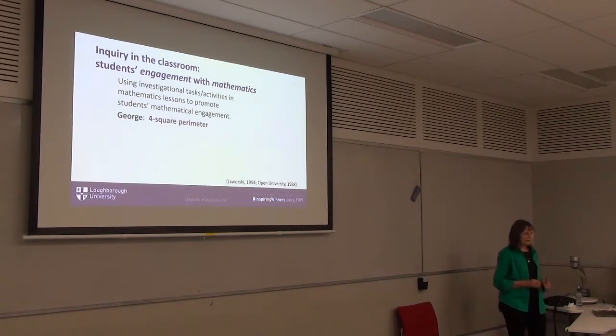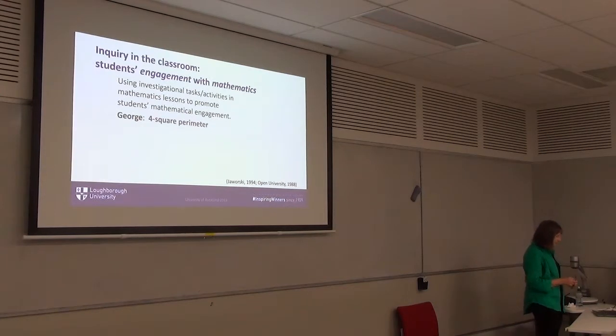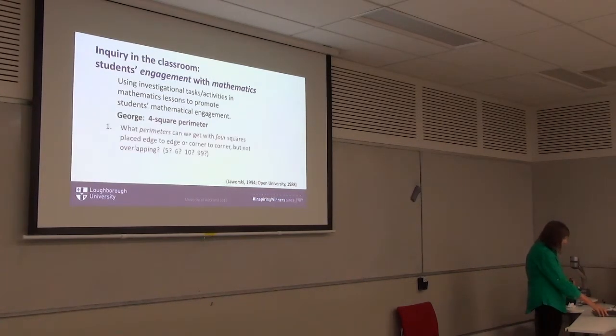We're looking at a teacher called George, and he has a task which he calls 4-square perimeter. The task set to the students is: what perimeters can we get with 4 squares placed edge to edge or corner to corner, but not over?